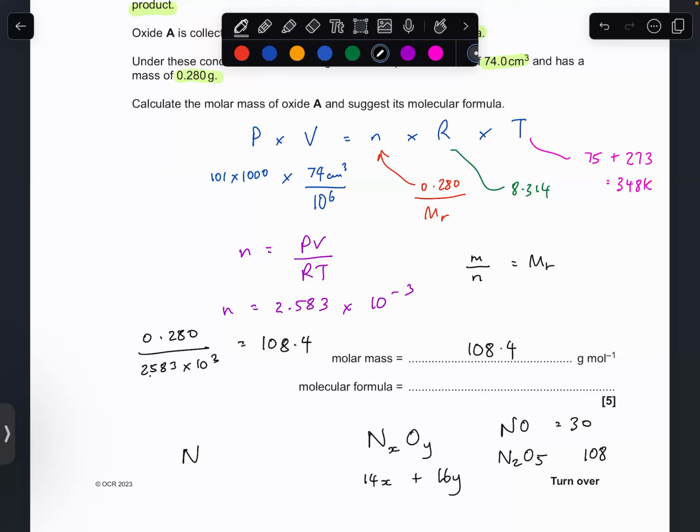Not entirely sure on that one, ladies and gentlemen. But this is the main answer. They do allow ECFs, error carried forward. They'll probably allow other combinations of nitrogen and oxygen, but I just can't think of an easier way to help you determine that molecular formula without trial and error.